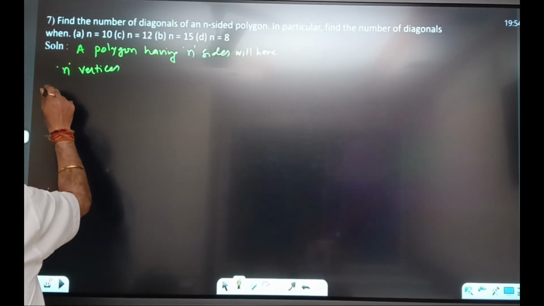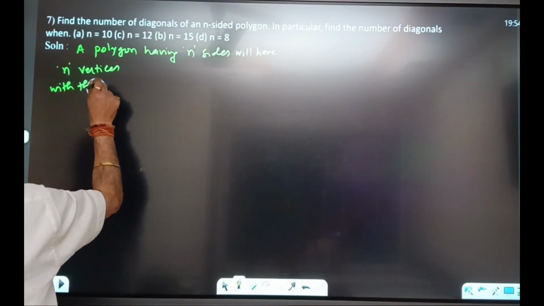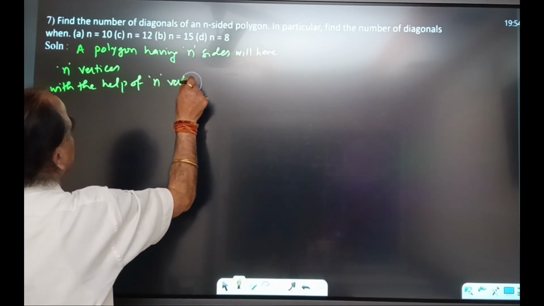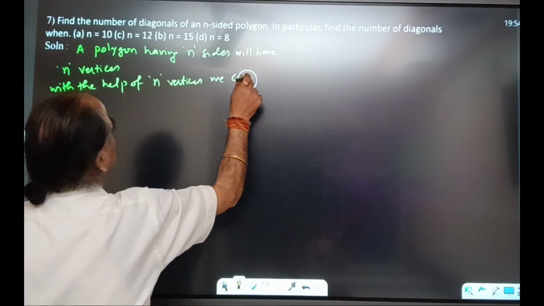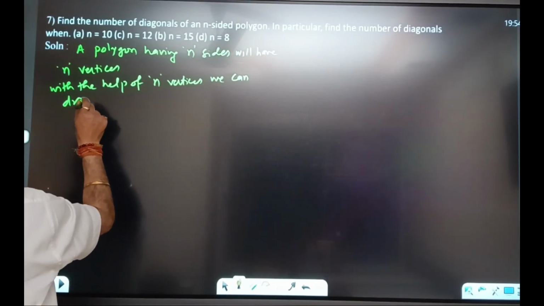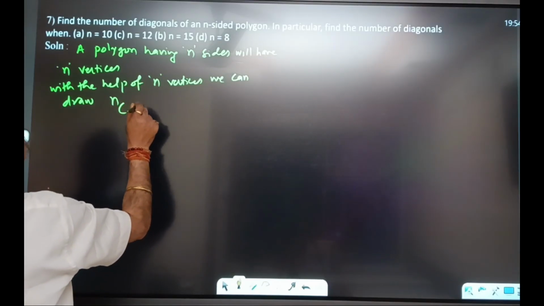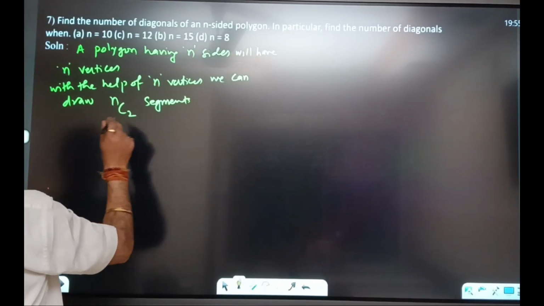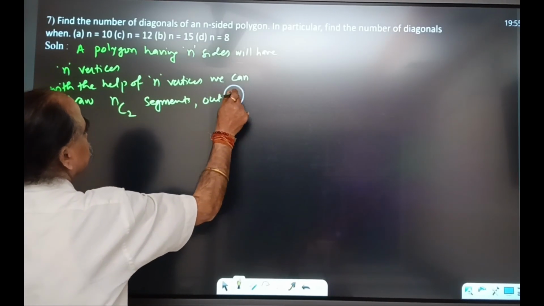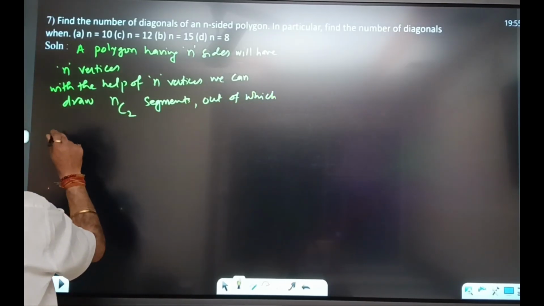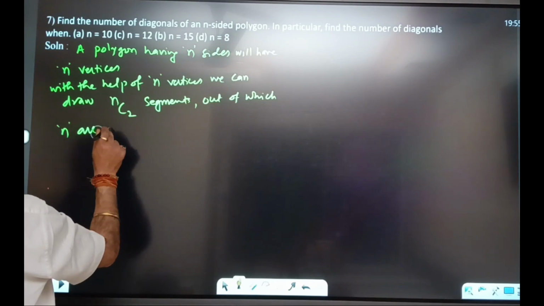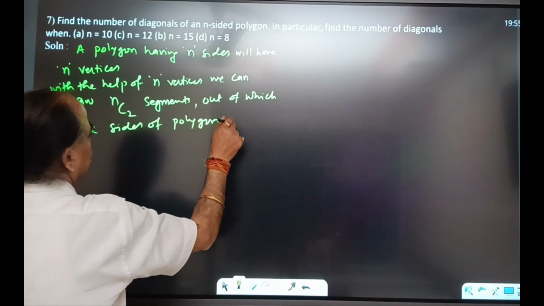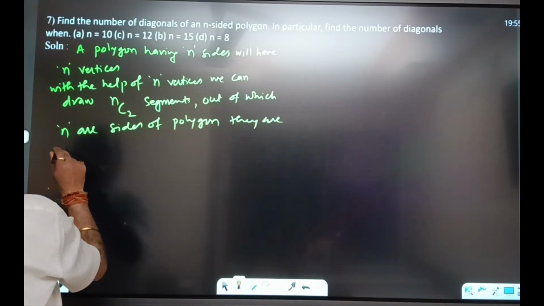With the help of n vertices, we can draw nC2 segments, or you can say sides, out of which n are sides of the polygon. They are not diagonals.